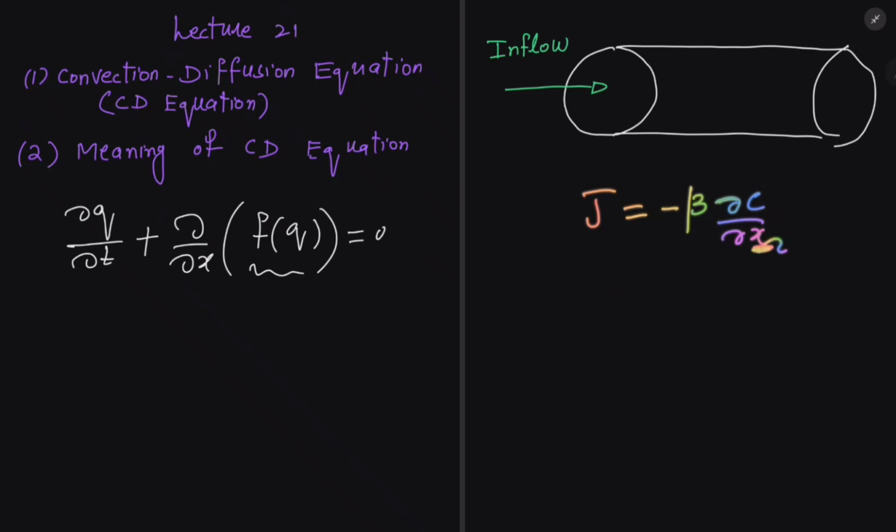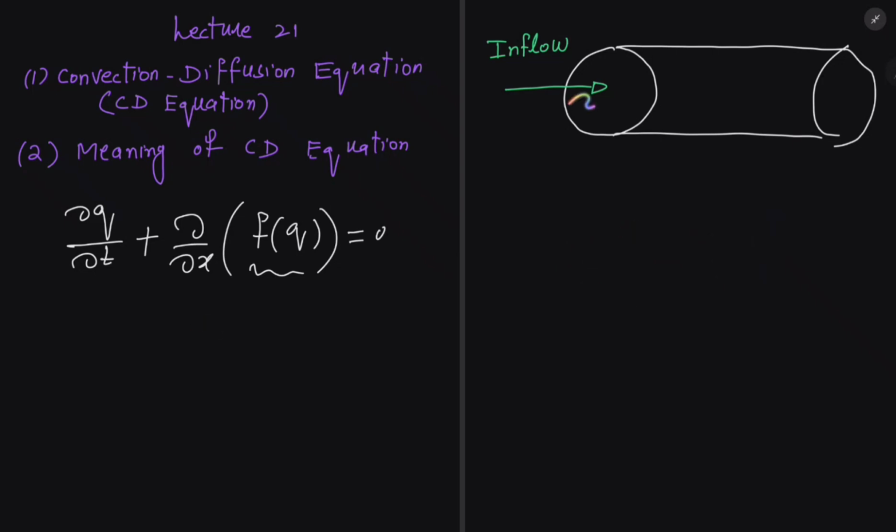Then if we say this quantity is minus beta partial q by partial x, this term is called Fick's law.